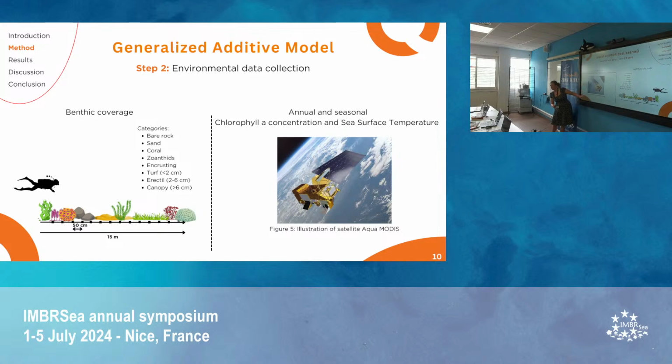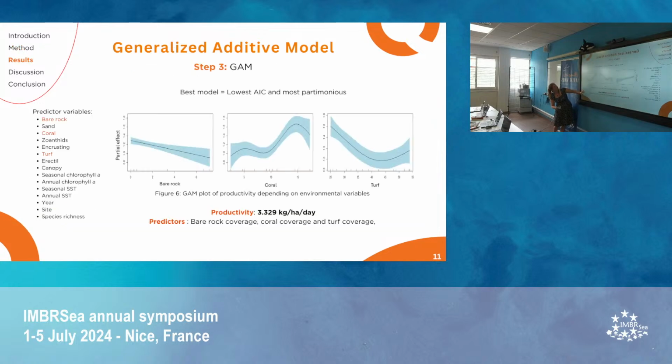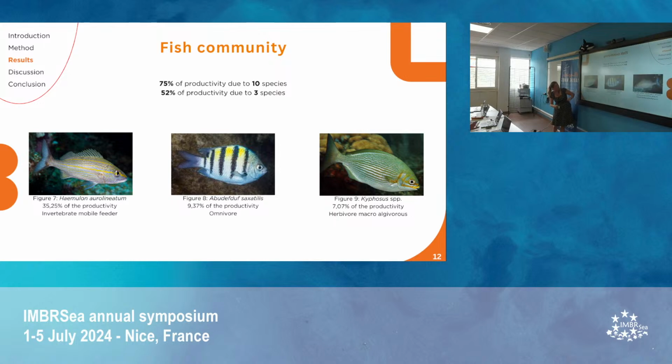So now, for example, the main one is angular or linear. This one represents, as I say, like 35% of the productivity and more than 50% of the abundance. This one is the main one, but it doesn't feed only on invertebrate mobile feeders.